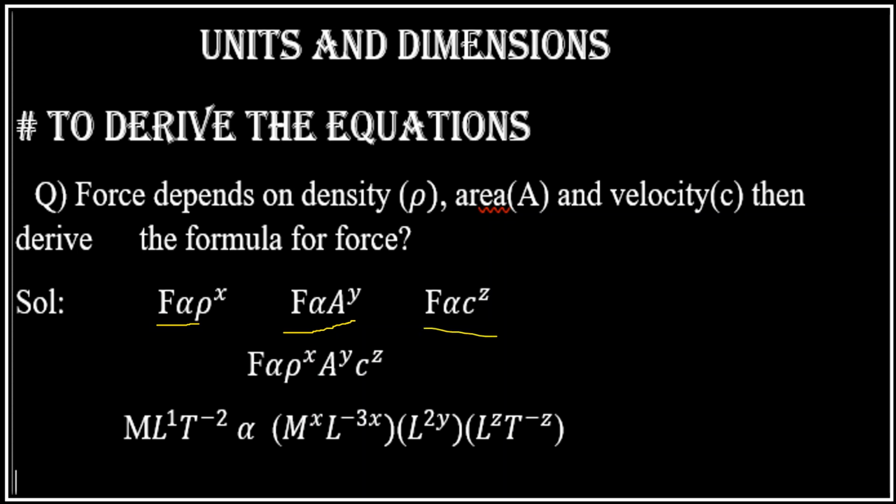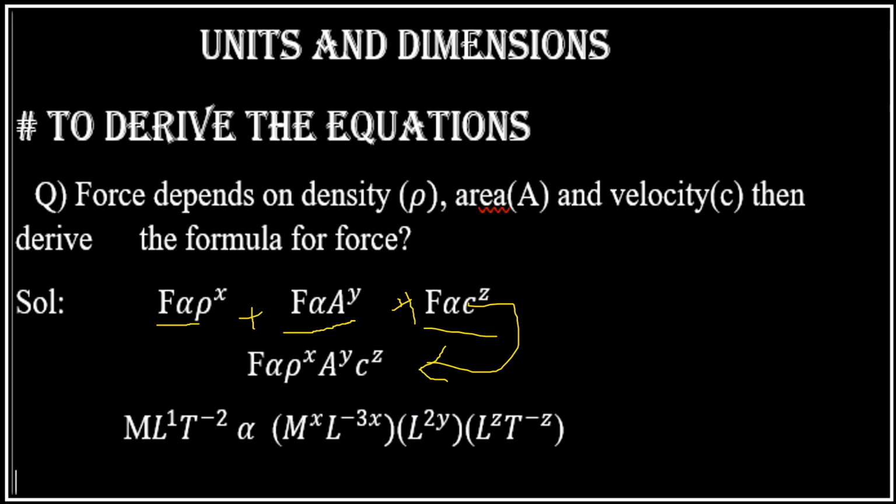These three terms, if we combine them, we get F is directly proportional to rho power x, A power y, c power z. If we substitute the dimensional formulas, we know the dimensional formula of force is M L power 1 T power minus 2.